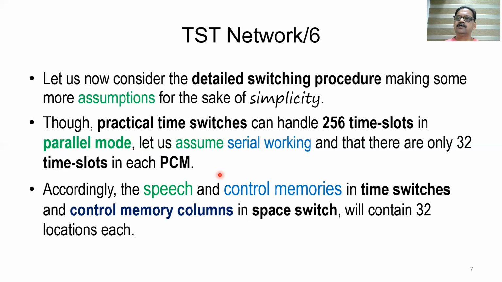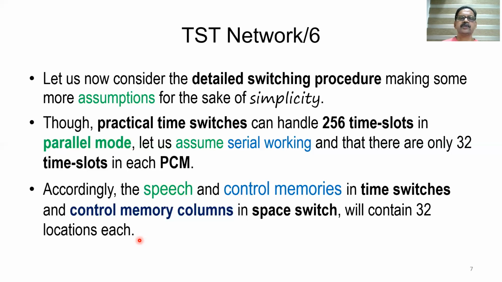So in a 30-channel PCM, you will have only 32 time slots. Accordingly, the speech and control memories in the time switches and the control memory columns in the space switch will contain 32 locations each, since we are assuming serial working and a 30-channel PCM with 32 time slots.